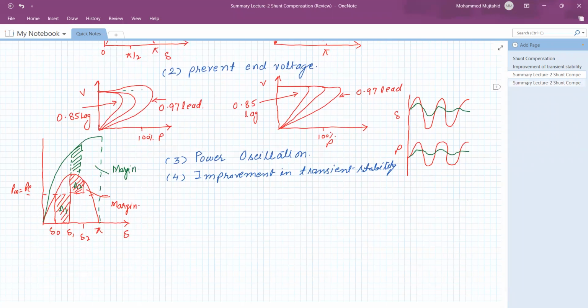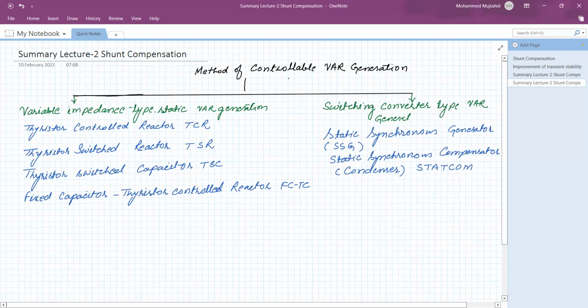Now, in today's lecture, we discuss the methods of controllable VAR generation. It is found that the static VAR compensator or shunt compensator is very beneficial for the transmission line. But the second point that comes into the picture is how to control the VAR. There are two methods.